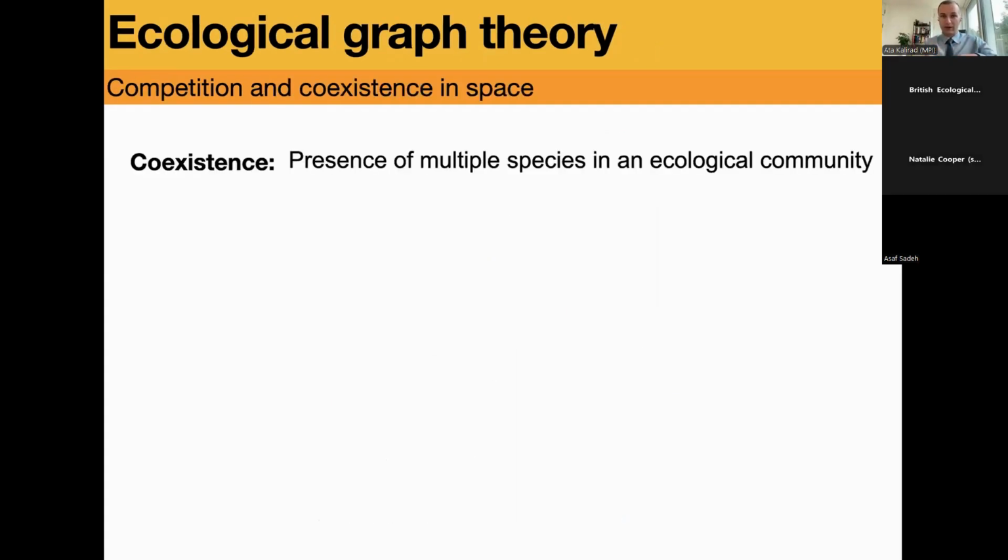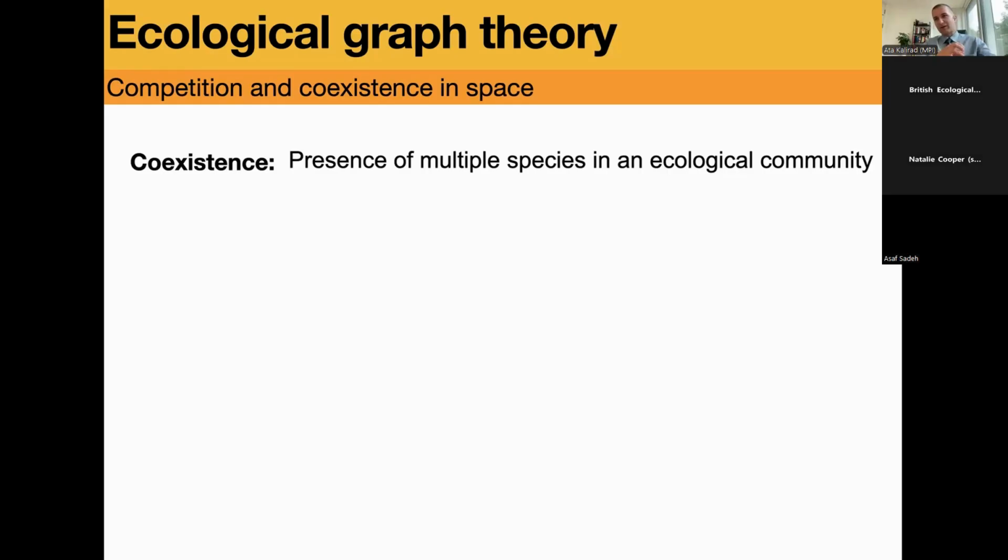Now, what I wanted to do, to move from evolutionary graph theory to the ecological framework, was really to change the question. Instead of asking what is the effect of population structure on selection itself, my question was, what are the conditions that enable coexistence?